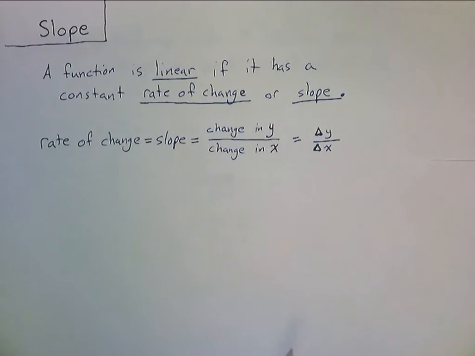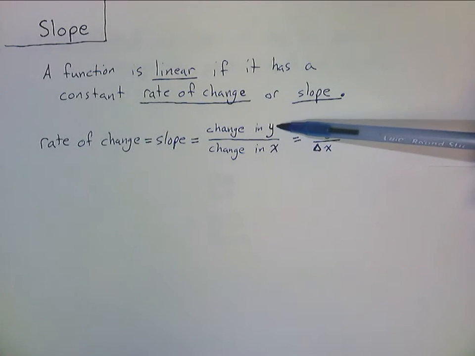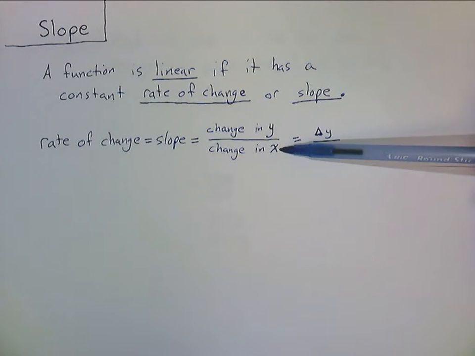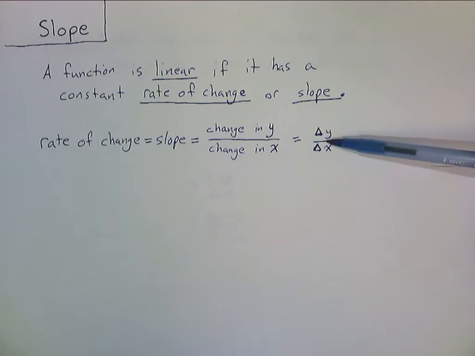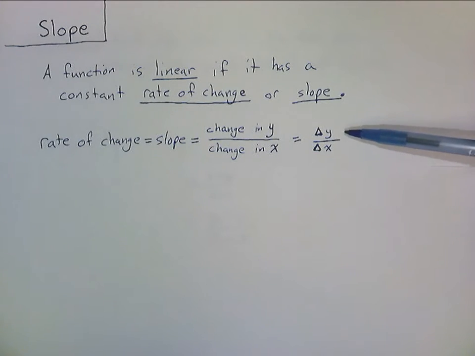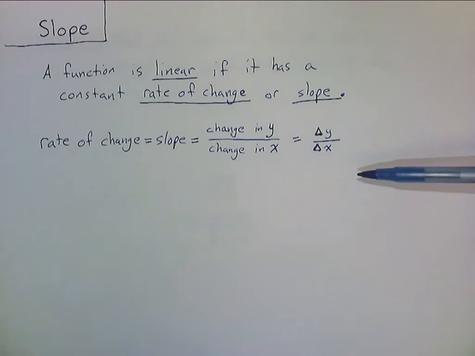Rate of change or slope is defined to be the change in y, or the dependent variable, divided by a corresponding change in x, or the independent variable. Sometimes we use this notation here with a little triangle, which is actually the Greek letter delta, and delta usually refers to change. So slope is the change in y divided by the corresponding change in x.